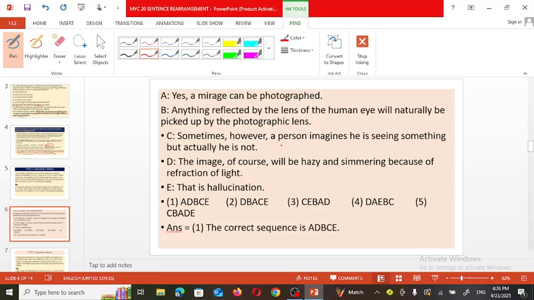C: Sometimes, however, a person imagines he is seeing something but actually is not. D: The image, of course, will be hazy and shimmering because of reflection of light. E: That is hallucination.